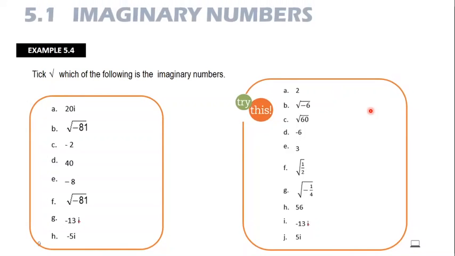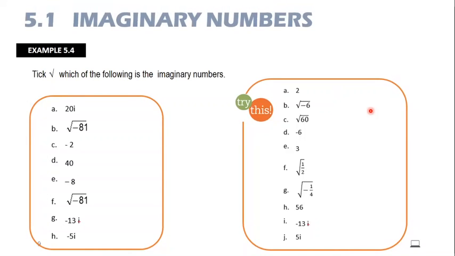Seterusnya kita just nak kukuhkan kefahaman kita untuk imaginary number and real number. What is the difference? Okay, tick which of the following is the imaginary numbers. Okay, 20i. When we have I here, that is imaginary number. Square root of negative 81. Punca kuasa yang melibatkan nombor negatif. Yes, that is imaginary number. Negative 2.